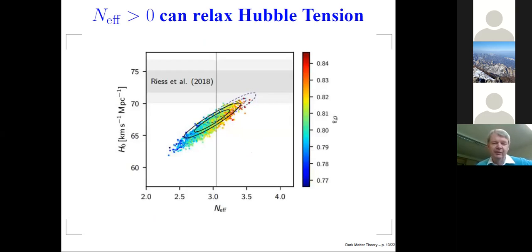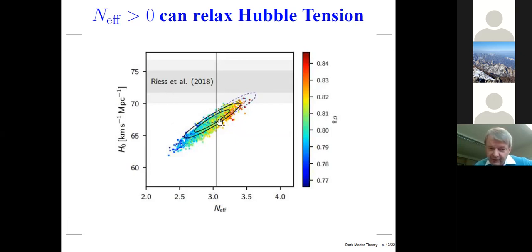Hubble tension means that the value of today's Hubble parameter, which is extracted from CMB and other similar observations, is somewhat smaller than the value that has been determined by the traditional method of the distance ladder.